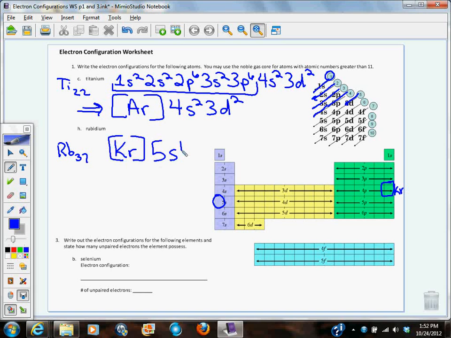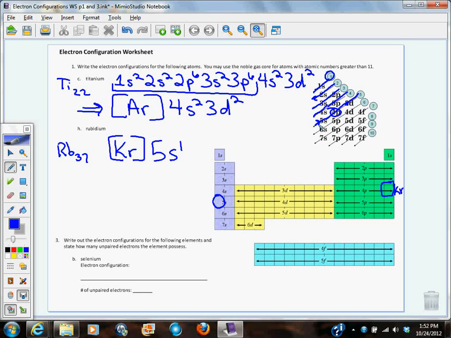And that's it. You can use that diagonal diagram to go through it again, but what you'll find is that everything up through the 4p6 over here in the diagonal diagram would be krypton, and then there's one electron left over, that's in the 5s.